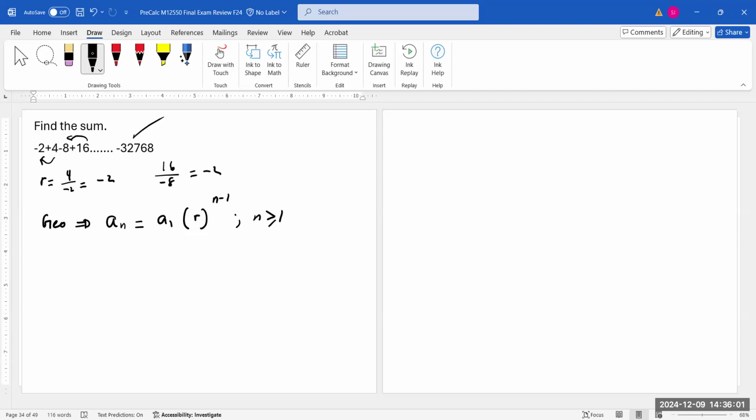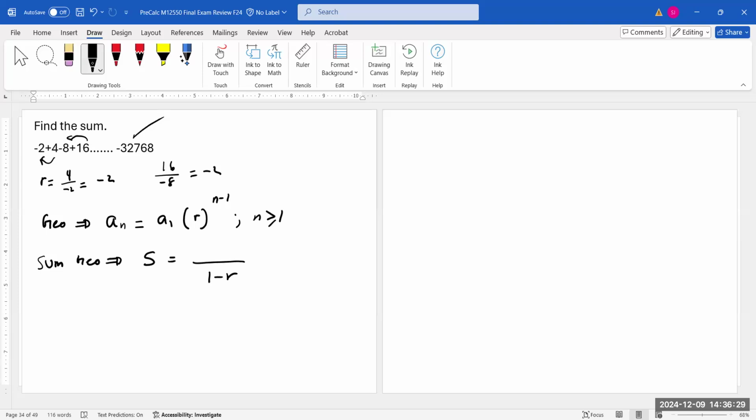But do we need that? I forgot the sum of the geometric formula. Who remembers the sum of the geometric formula? We did it in our last class. Something with 1 minus r in the denominator. Remind me, guys, please, the formula.